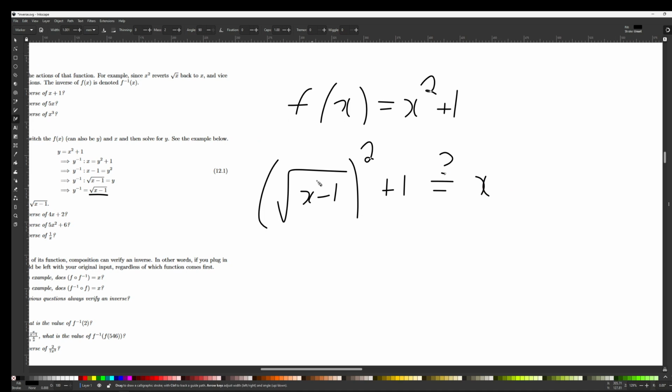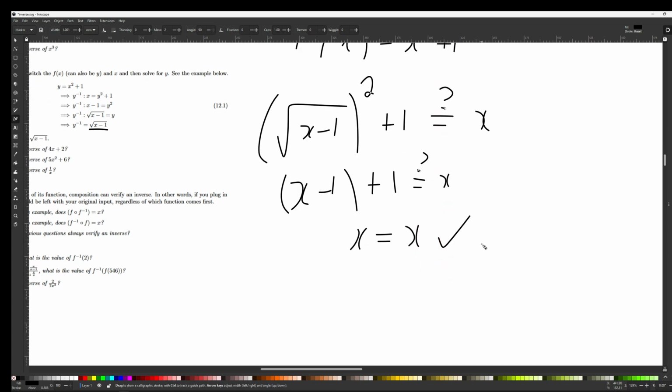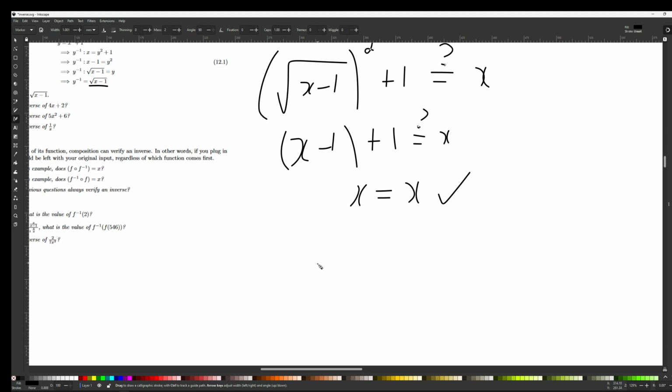Okay. So squaring the square root of x minus 1, that's going to be x minus 1 plus 1. And the left-hand side simplifies into x. And since x is equal to x, we pass the first test. And now we have to compose the functions the other way around. So now we're going to have a function be square root of x minus 1.